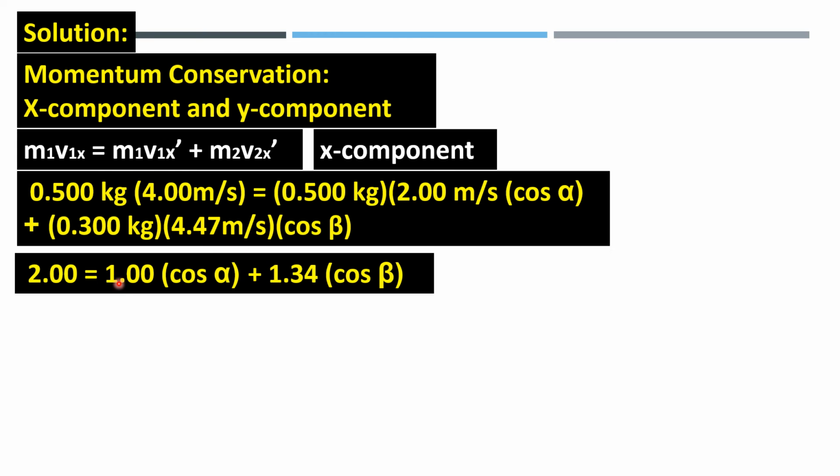So 1 times cosine alpha, and what comes next? This one, because we still have to add this part of the equation. 0.3 multiplied by 4.47, disregarding the units, will give us 1.34, and that's to be multiplied by cosine beta.